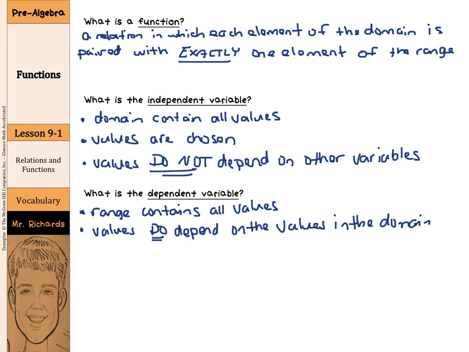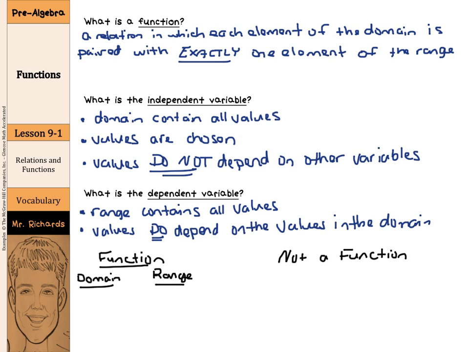Now, if we look actually at functions now, what is a function versus something that is not a function? Well, to start with our function, if I have my domain and my range, and I say, well, for my domain values, I'm going to have 3, 5, and 8.